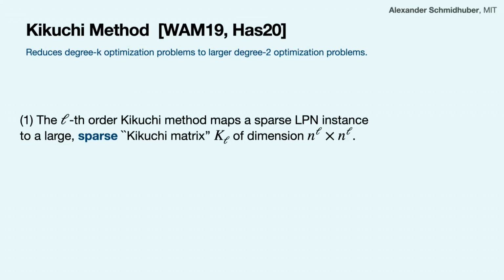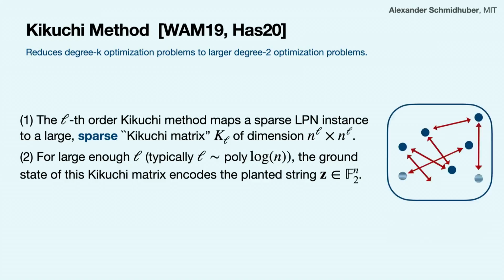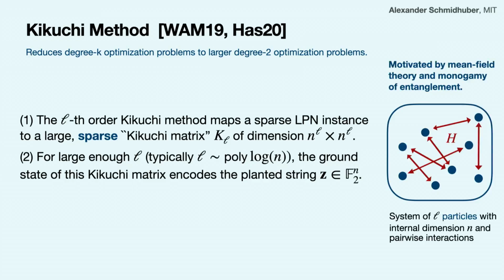And the central promise is that if you choose L large enough, which in the case of sparse LPN means polylog in n, then the ground state of this Kikuchi matrix encodes the planted string Z, this planted key that's hidden in the sparse LPN instance. There's an extremely nice interpretation of this fact in terms of mean field theory and statistical physics.